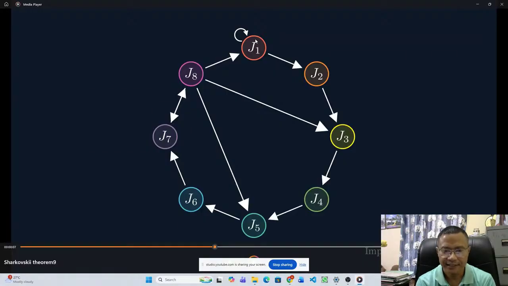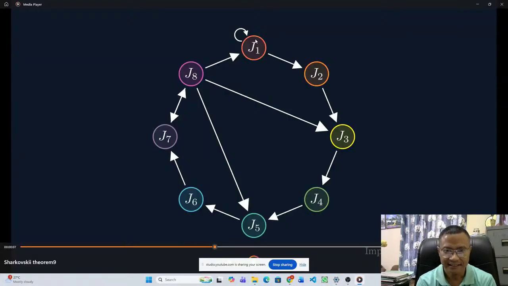So if a periodic point of period 9 doesn't admit any periodic point of period 7, 5, 3, then the corresponding Markov graph will be in this form. That is the beauty of the Sharkovsky theorem, and proving it using this Markov graph is easy and self-explanatory.